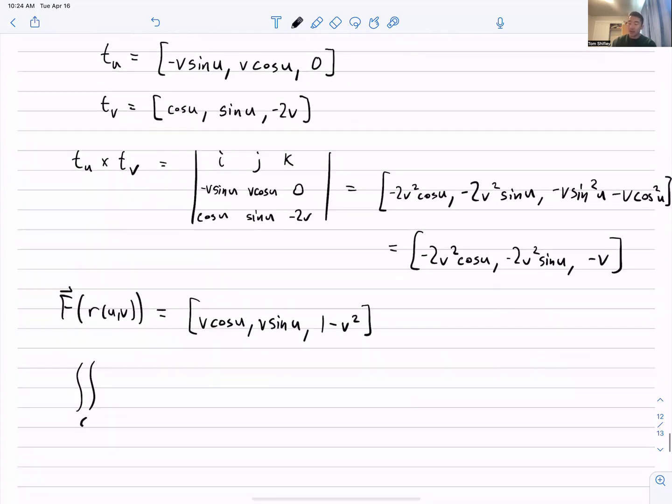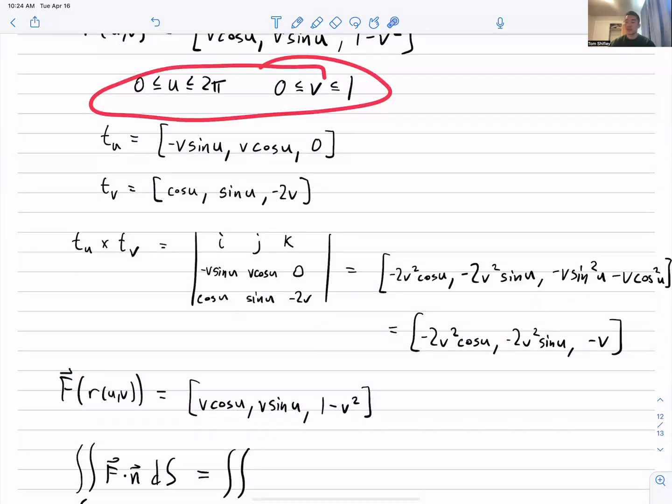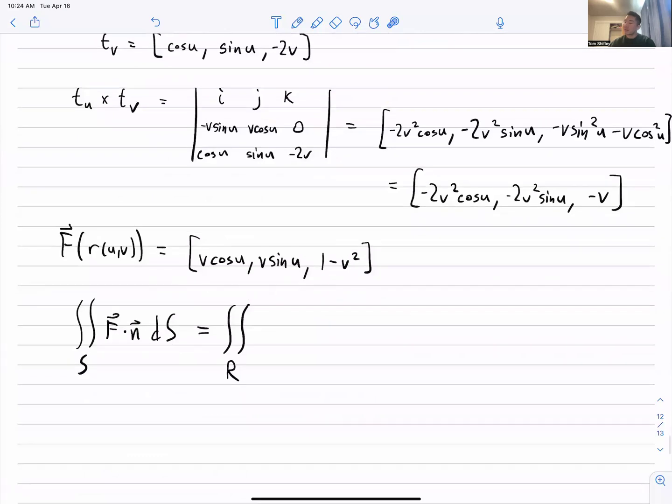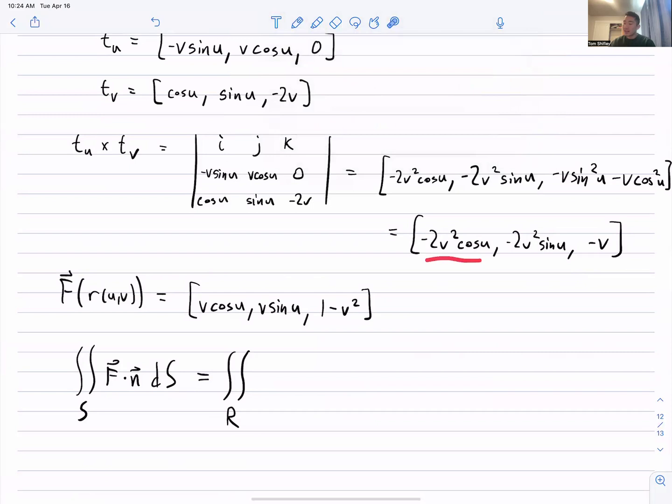And so we want to integrate over that surface, which is the upside down paraboloid, of our vector field dotted with the normal vector dS. It's going to be the double integral over this region in the uv plane of what will it be? We dot this guy and this guy, which gives me negative 2v cubed cosine squared u.